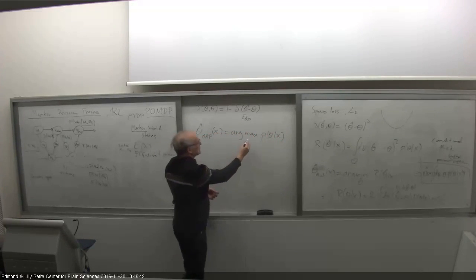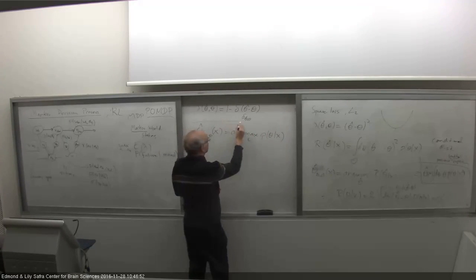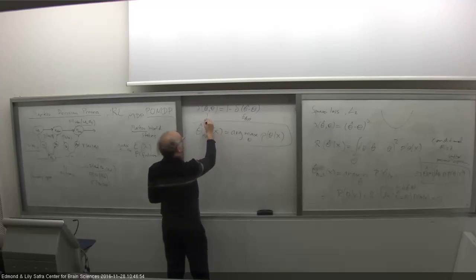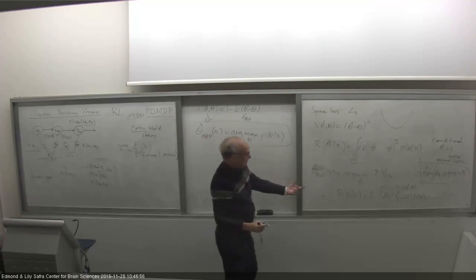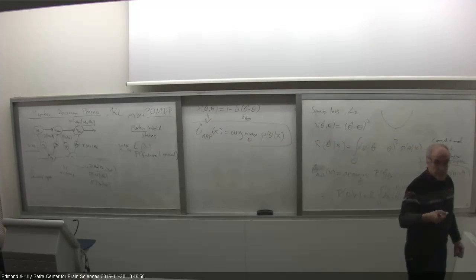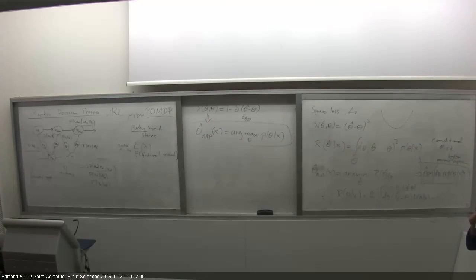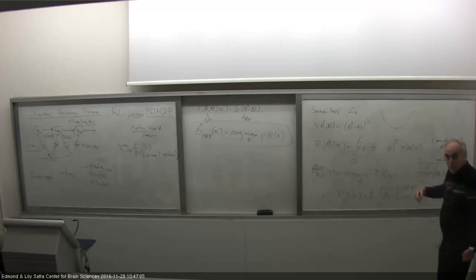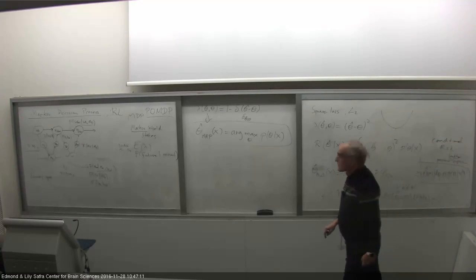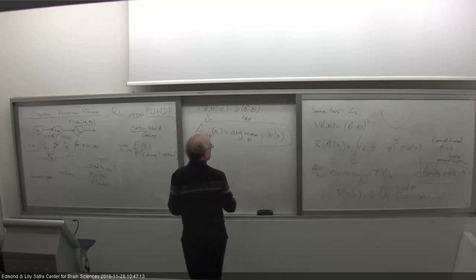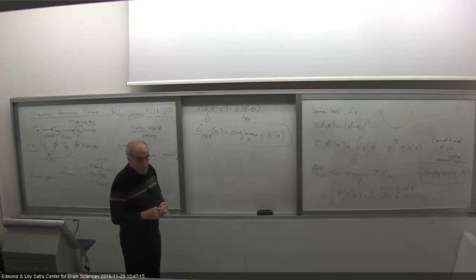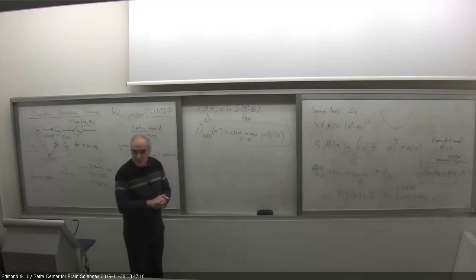The loss plugged into the integral, the delta picks 1 minus the point p of theta, but then I want to minimize the loss because the 1 minus is actually maximizing this. Minimizing loss, maximizing probability. So this is called the maximum a posteriori, MAP. Very important to remember.